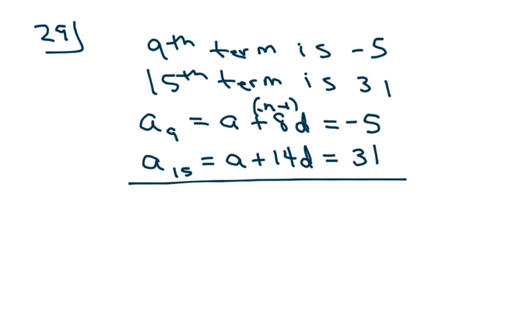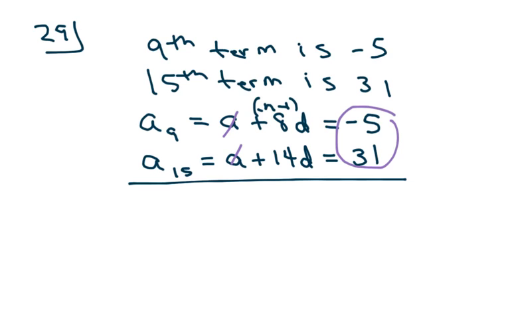Now, when you subtract the second one from the first, you're going to get that these two a's will cancel. And we already know that this is my a sub 9 and a sub 15. So when we subtract, we're going to get, blah, blah, blah.